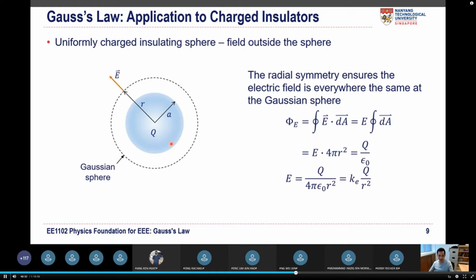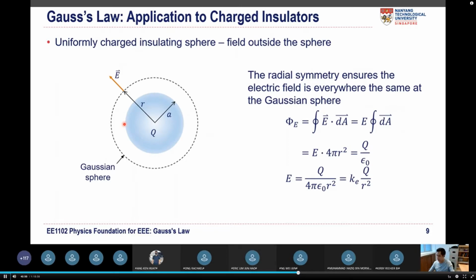And because this Q is all evenly distributed, we also know that the electric field at this Gaussian sphere, which shares the same center with the charged ball, is going to be the same across the entire surface.